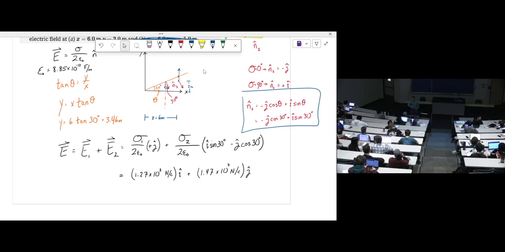But as you move away from a uniformly charged sheet, the electric field does not drop off. It stays the same strength everywhere in space. So at that point, it's just a matter of which plate is stronger, not whether you're closer to one plate or the other. Any questions on this one?